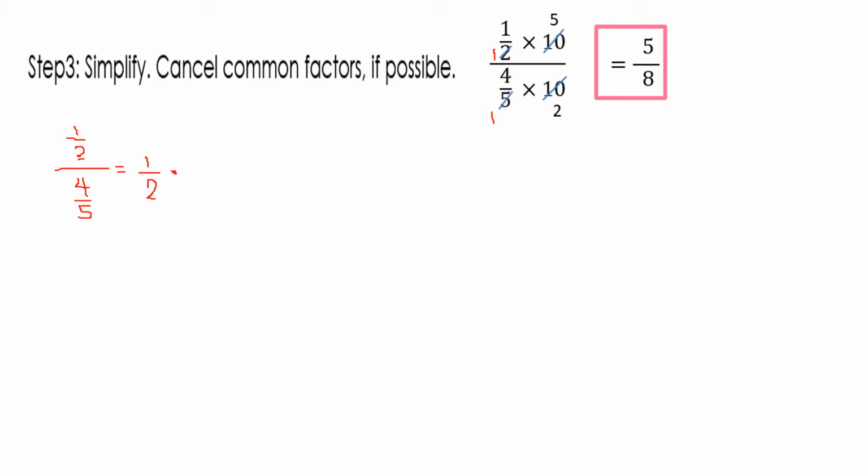The reciprocal is the interchanging of the numerator and denominator. So your 5 now will become the numerator and 4 will become the denominator. And then you multiply 1 times 5, that is 5, and 2 times 4, that is 8. So still we come up with the same answer. You just take the reciprocal of your denominator.